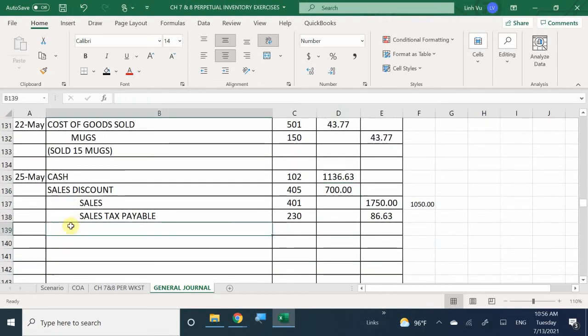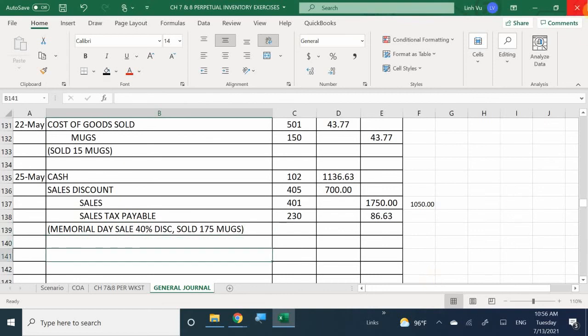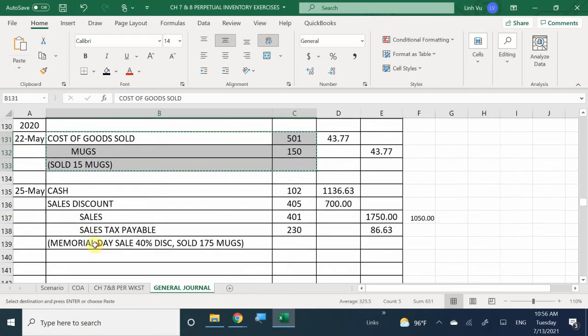Perfect. And then you can make a note here that you had a Memorial Day sale, 40% discount, and sold 175 mugs. And because we sold 175 mugs, we need to now update our inventory.